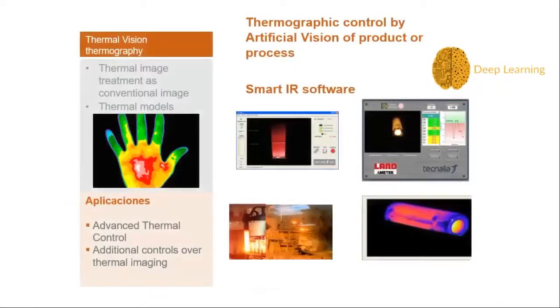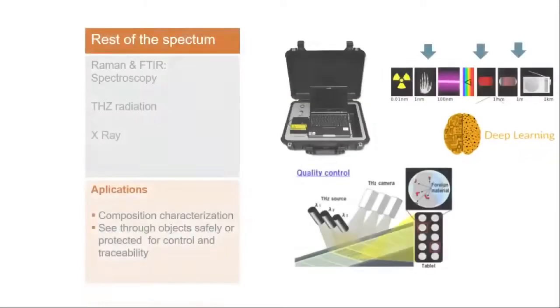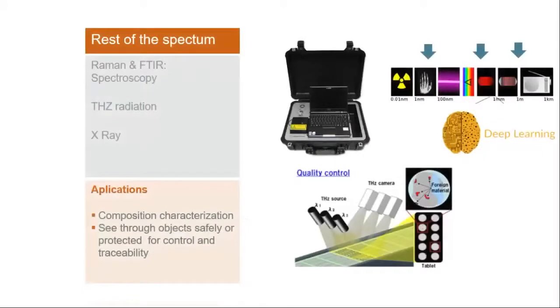We use deep learning also for infrared and other kinds of applications. Hyperspectral, like I have said, for recovery of materials, separation and other things. We use the rest of the spectrum like Raman or FTIR spectroscopy, THz radiation and X-ray for detecting things inside bodies.